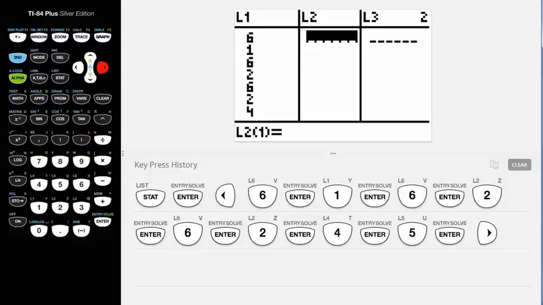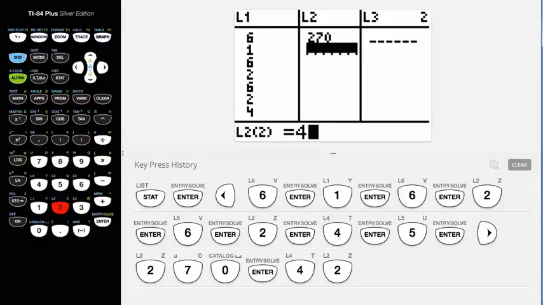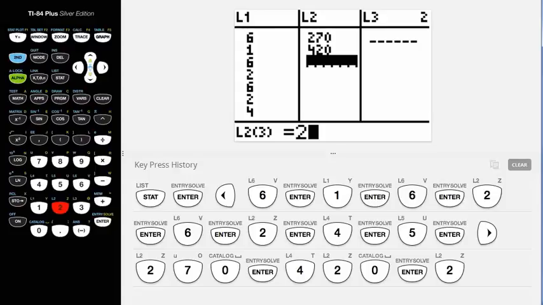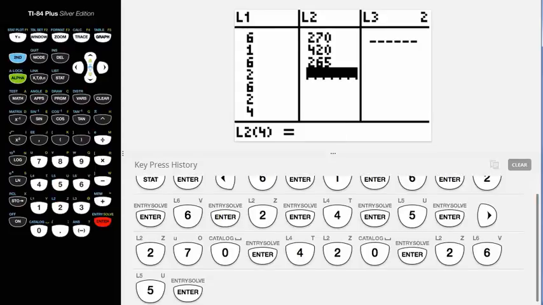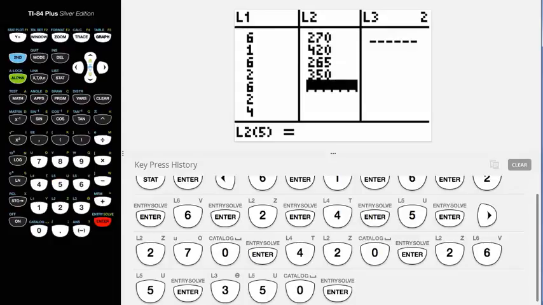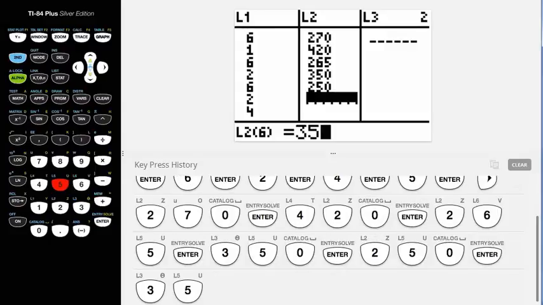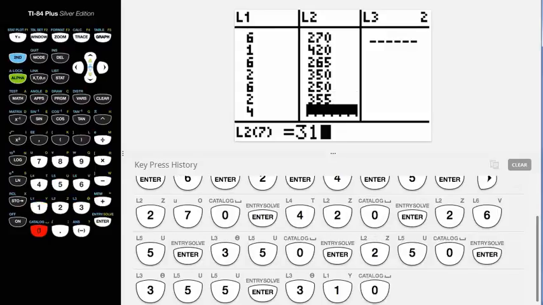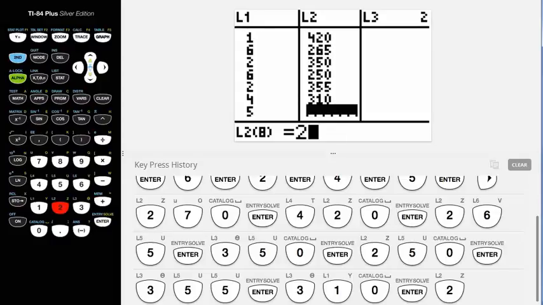Moving over to L2, I type in the Y values: 270, 420, 265, 350, 250, 355, 310, and 290.